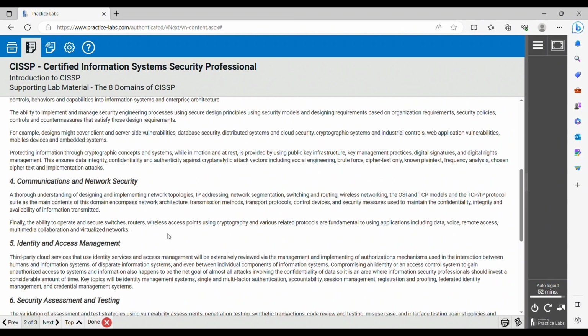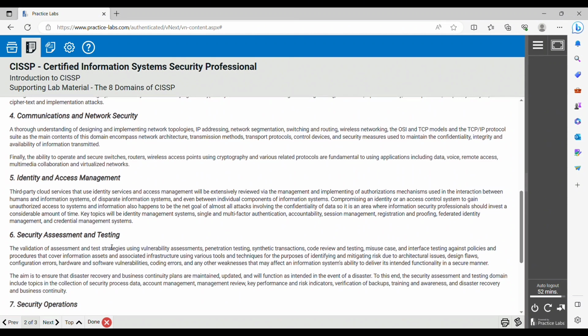Number 5, identity and access management.